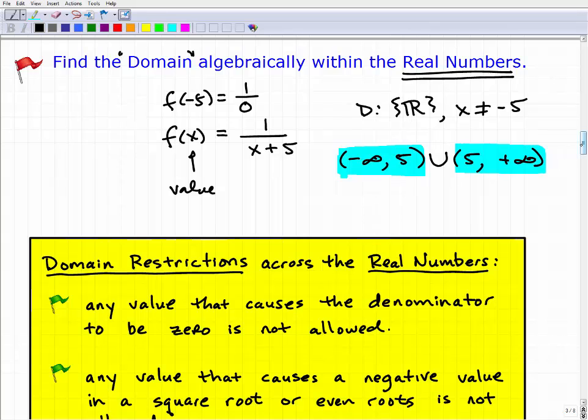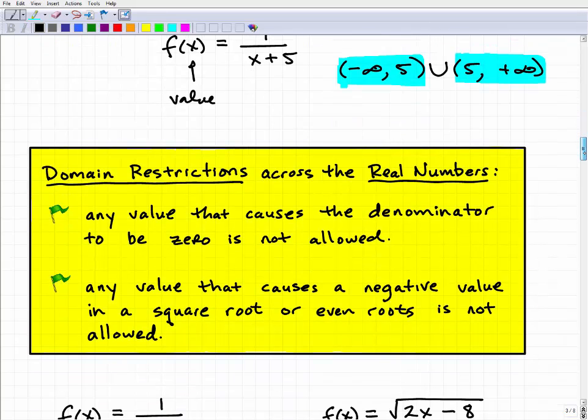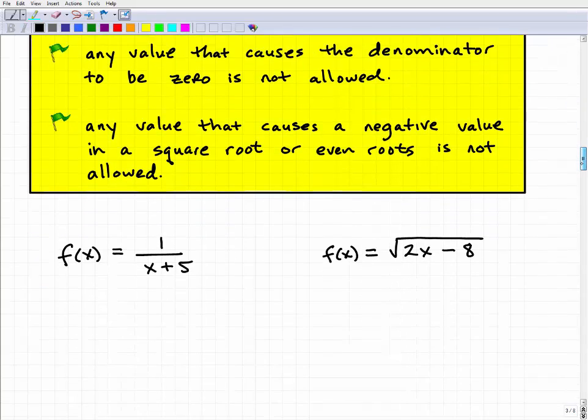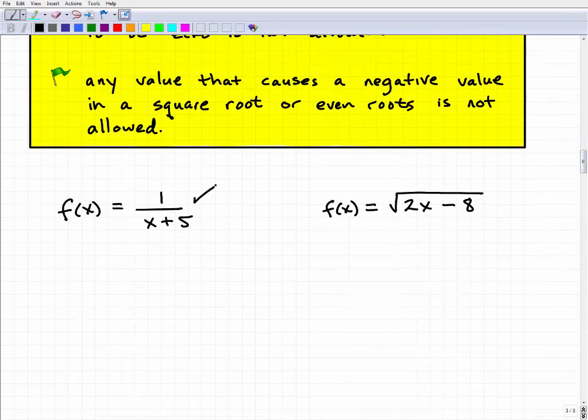All right, so let's go down and take a look at another couple examples. This first one we did shows the condition of having 0 in the denominator. Now let's take a look at a function that has a square root. I can plug anything into this function except for values that are going to cause the value underneath the square root to be negative.